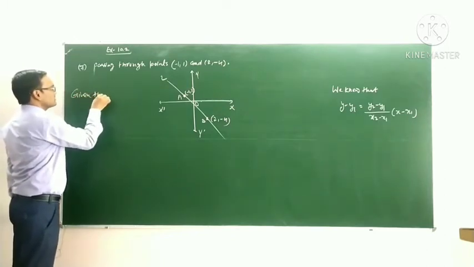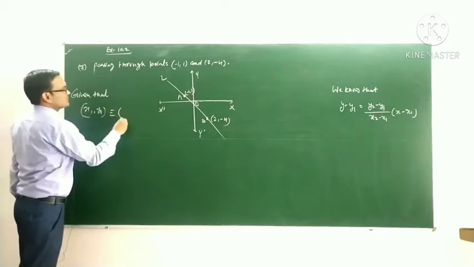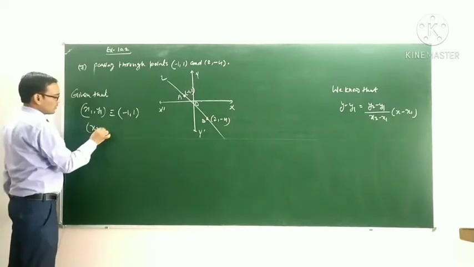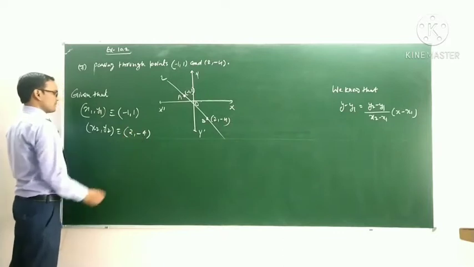Given that x1, y1 is equal to (-1, 1) and x2, y2 is equal to (2, -4).